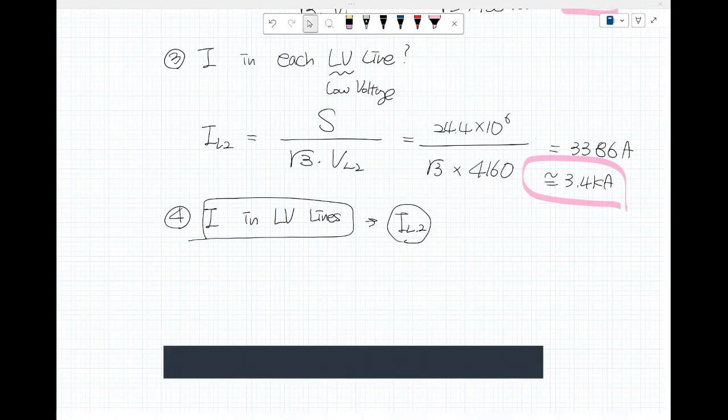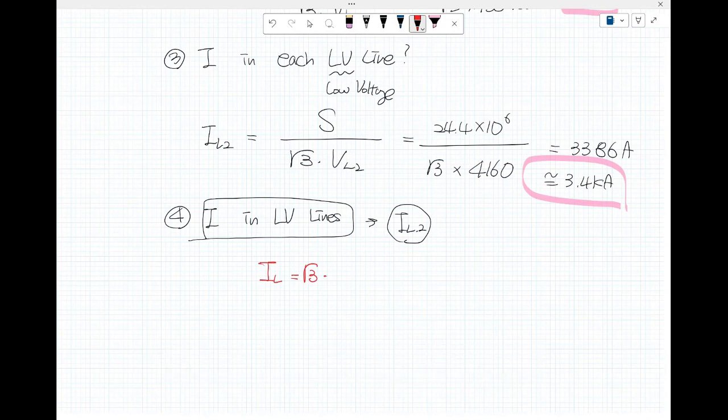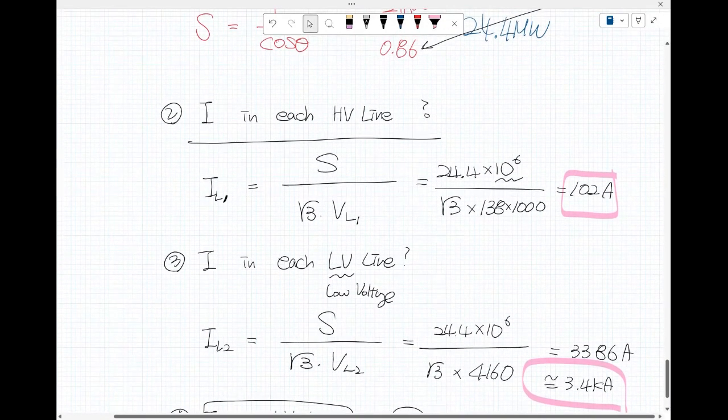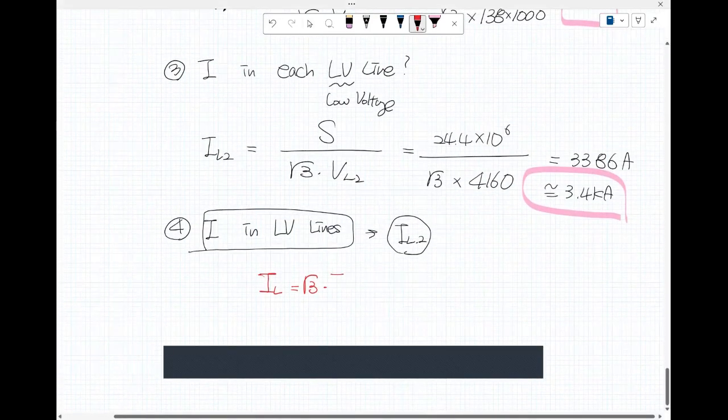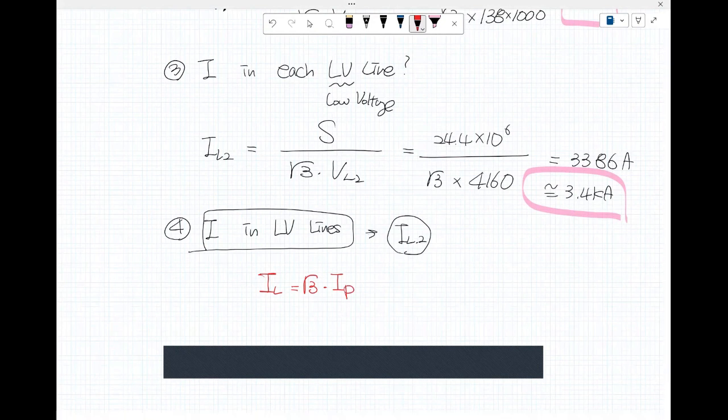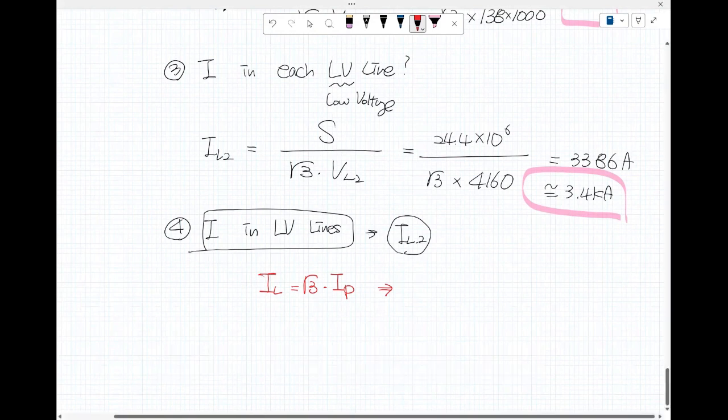So maybe in the delta, we learned before, line current is root 3 times winding current.